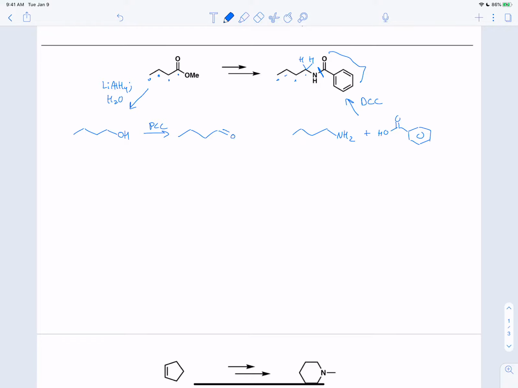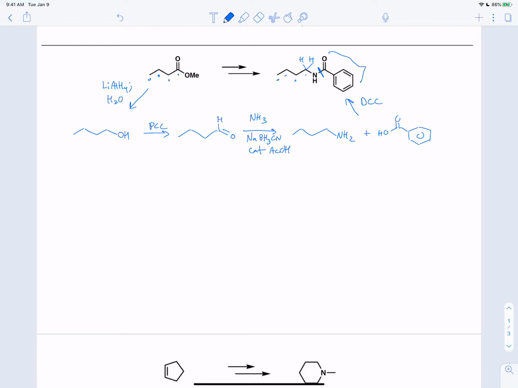This will give us the aldehyde oxidation state. And then we could do something like adding in an excess of ammonia along with sodium cyanoborohydride, along with a catalytic amount of acetic acid to promote the formation of the amine intermediate.